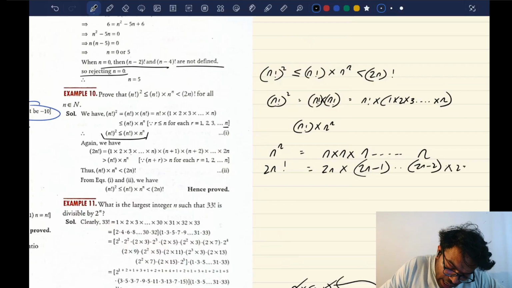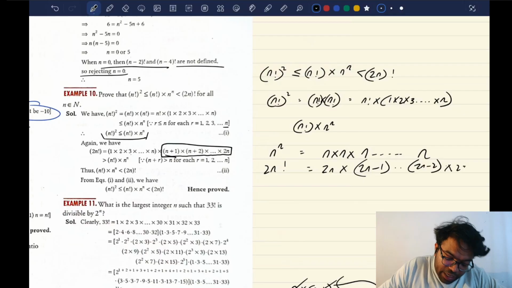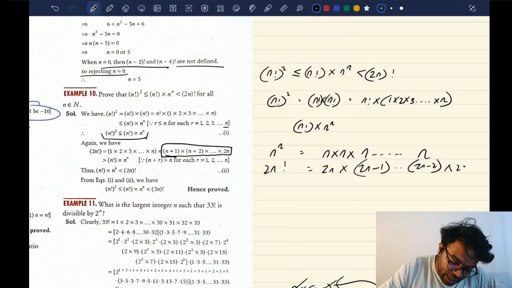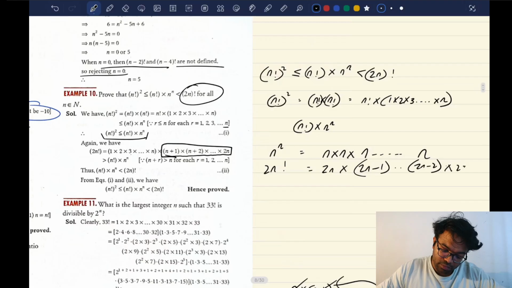In this case, look at this, every single number, n plus 1, n plus 2, up to 2n, all of these numbers are greater than n, and they are being multiplied n times. So basically, n to the power of n will be lesser than 2n factorial. Okay?